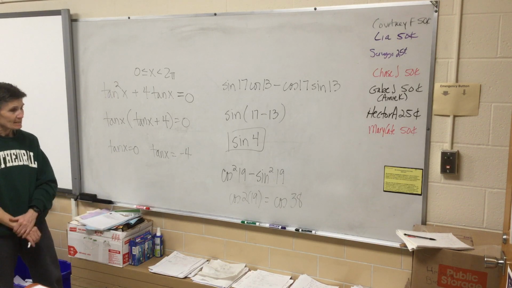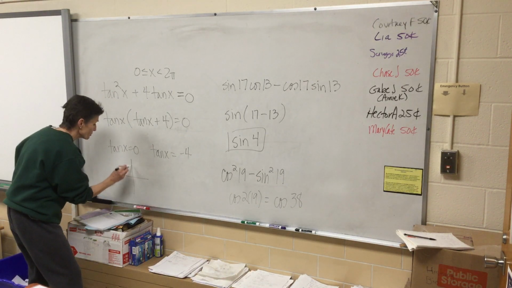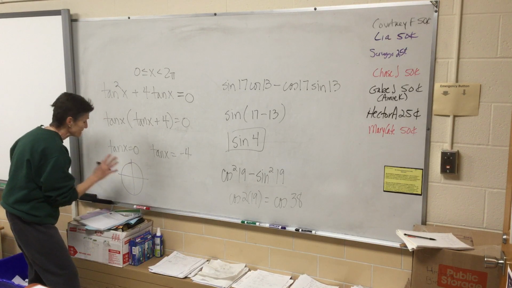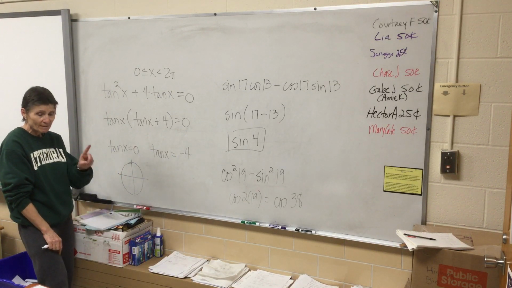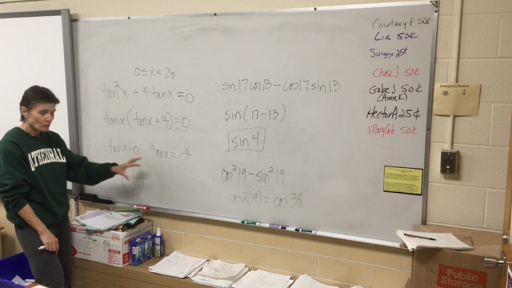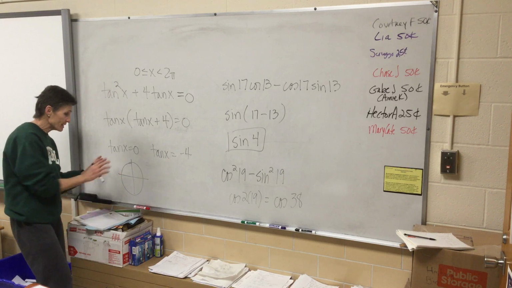Now, what do we know about zeros? Circle. Yep. And circle, even though we're using our calculator, guys, we still need to have a picture in front of us. Because remember, our calculator will only give us one answer, and almost always there's going to be at least 2 that come out of each of these. So you need a picture.